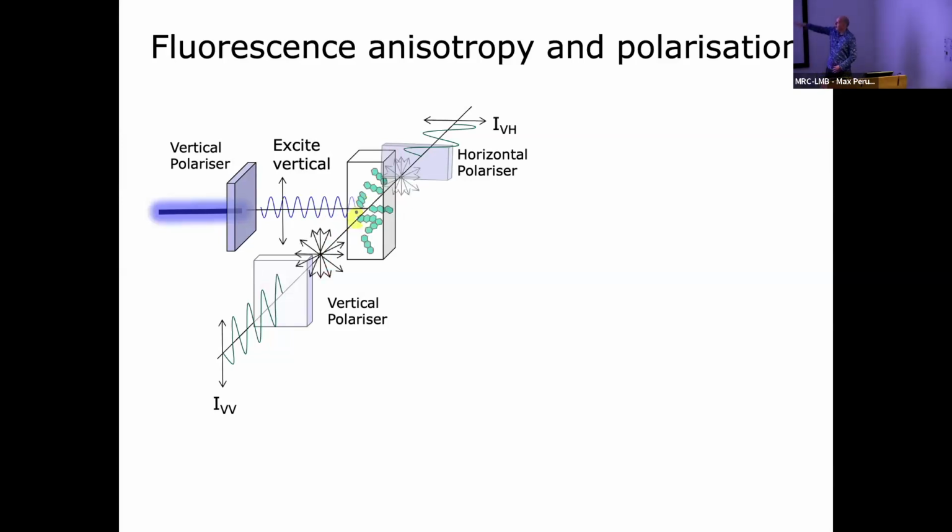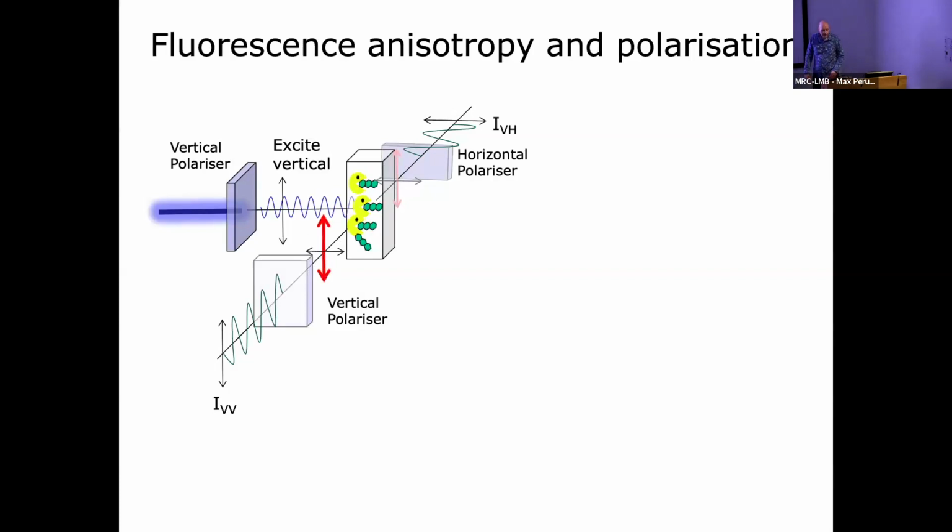So, imagine what's happening, let me go back again. Initially, you've got just a fluorophore, or a small molecule or a small protein that's fluorescing, and it's tumbling quite fast. So when you look at the light coming off, it's going to be depolarized, and you're going to get a reduction in the light with the same polarization as the incident light, and maybe more coming through in the horizontal.